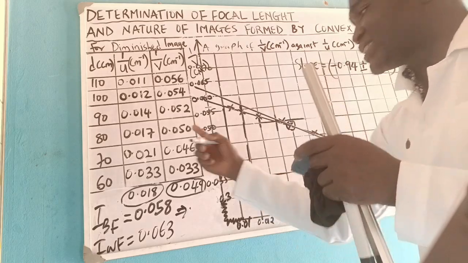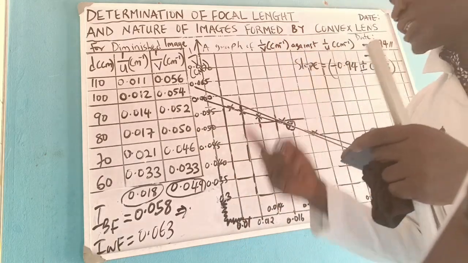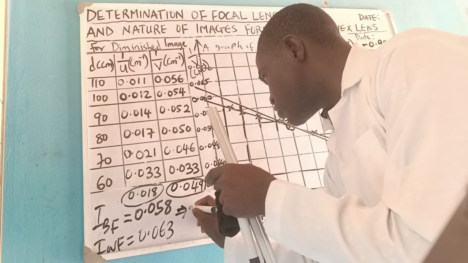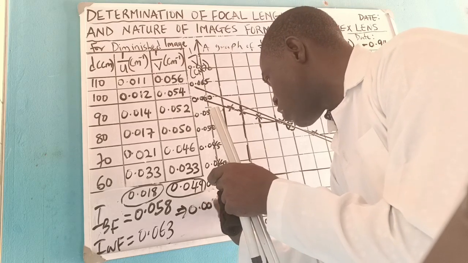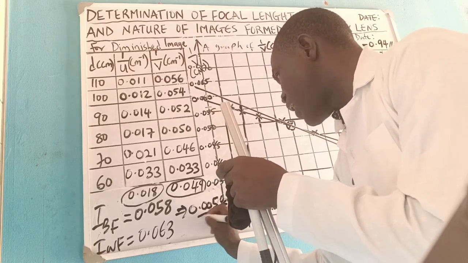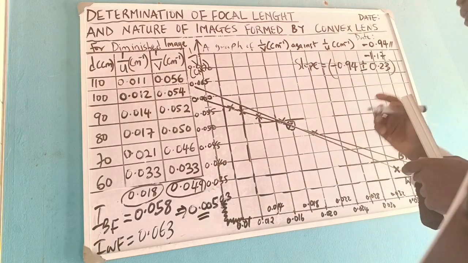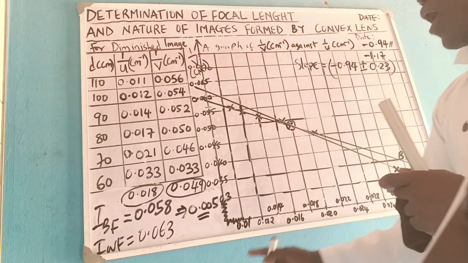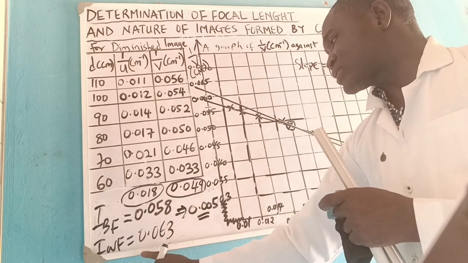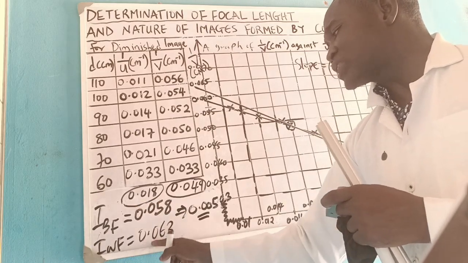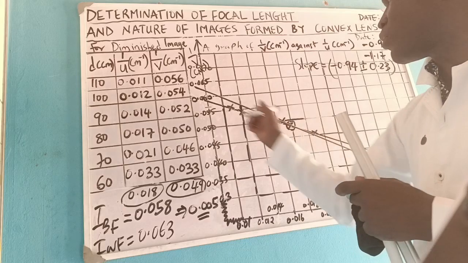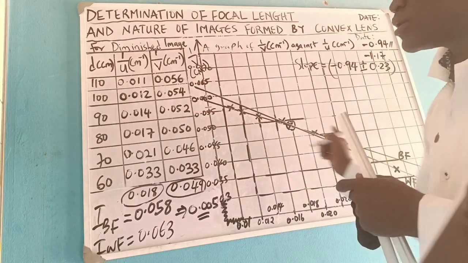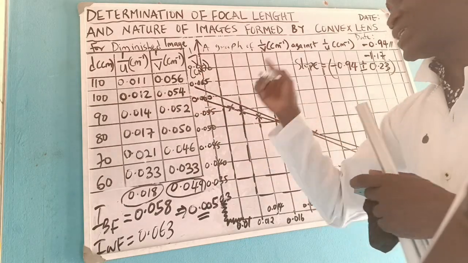Are you getting it? Take the modulus of it, that is, take the positive answer. It will give you 0.005. That means our error in the intercept will be this minus this, because we are using the principle of best fit intercept and worst fit intercept.